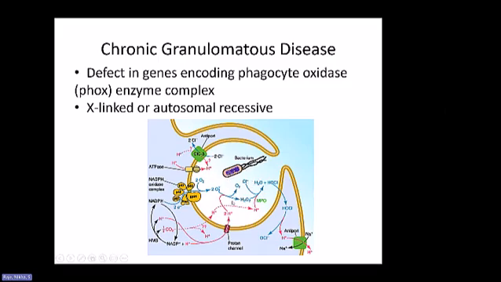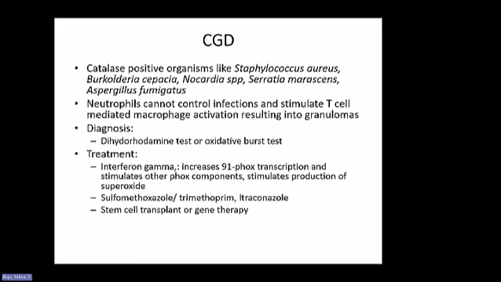So if it's a catalase negative organism, the neutrophils can use the microbe's own hydrogen peroxide to kill the microbe, using their own system against them. But if it's a catalase positive organism, the catalase enzyme will break down that hydrogen peroxide coming from the microbe. So the host or human cells cannot use that hydrogen peroxide to kill those microbes, and because of that, the catalase positive organisms are able to cause infection in these patients.